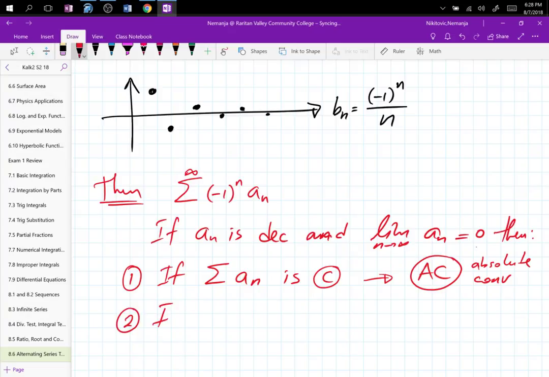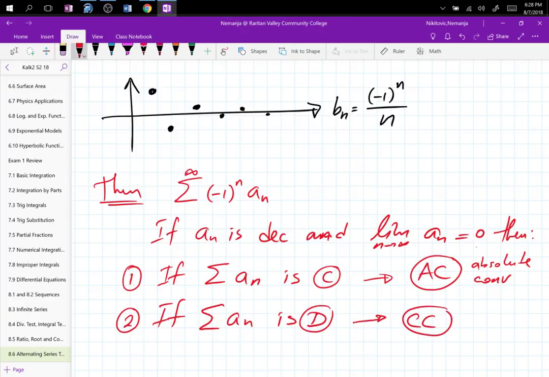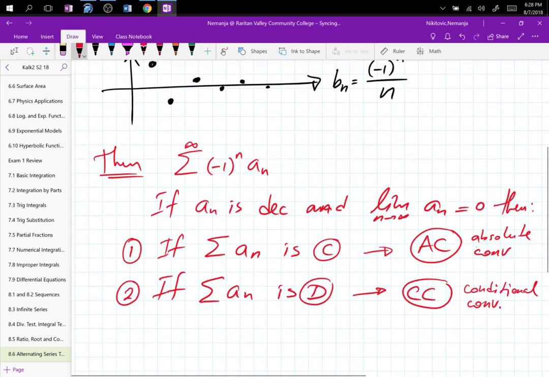Number 2, if the summation of a_n is divergent, we have conditional convergence. And then, obviously, if the limit of a_n doesn't go to 0, you have divergence, because the divergence test kicks in. So this one over here, if the limit of a_n is different than 0, we have divergence.